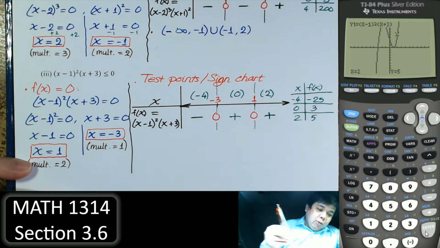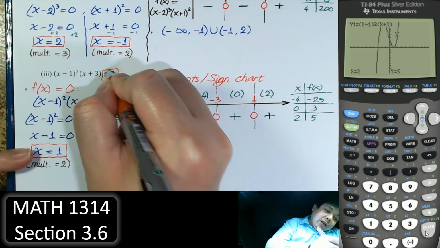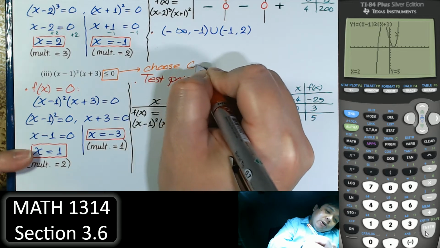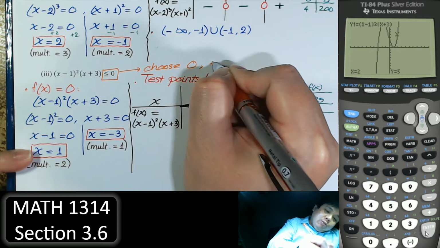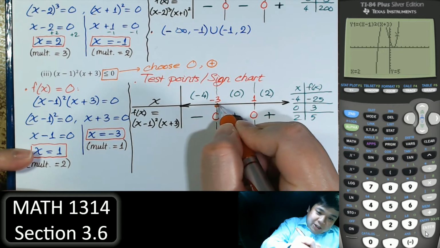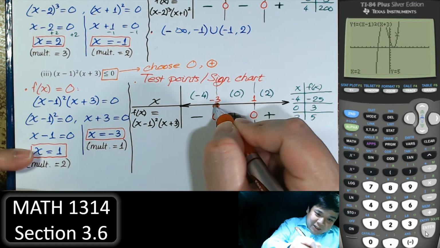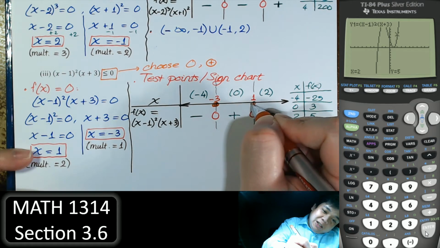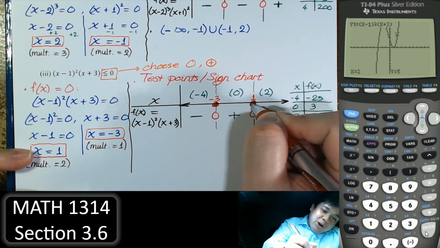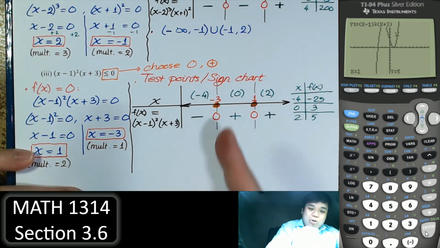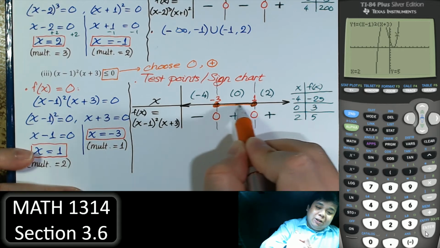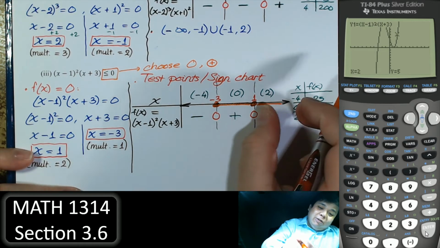Right, now what we choose is greater than or equal to 0, so we choose 0 and then we choose positive. We choose 0 because when x equal to -3 or x equal to 1, the function equal to 0. So we choose those points, choose 0, and then positive is in this interval and that interval.